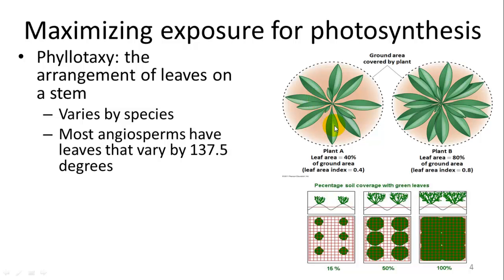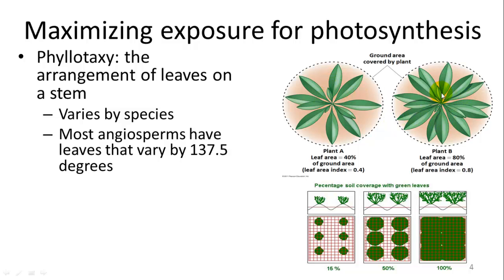Most angiosperms that are trying to maximize their exposure to the sun have their leaves about 137.5 degrees apart. And what that does is allow for maximum exposure. You can look down on the stem, and you can see the ground is not exposed to the sun, that all of the sun shining on the plant reaches the leaves.